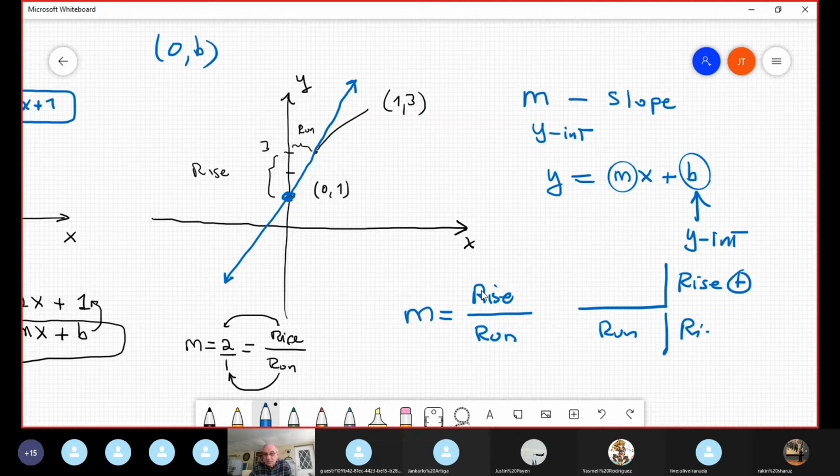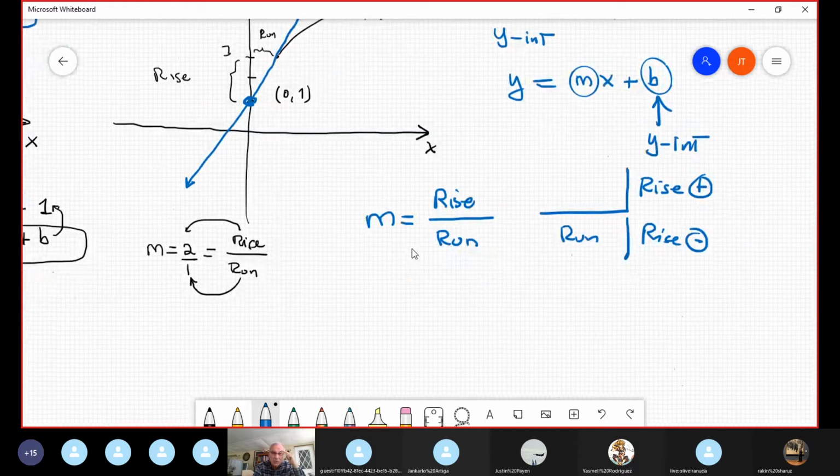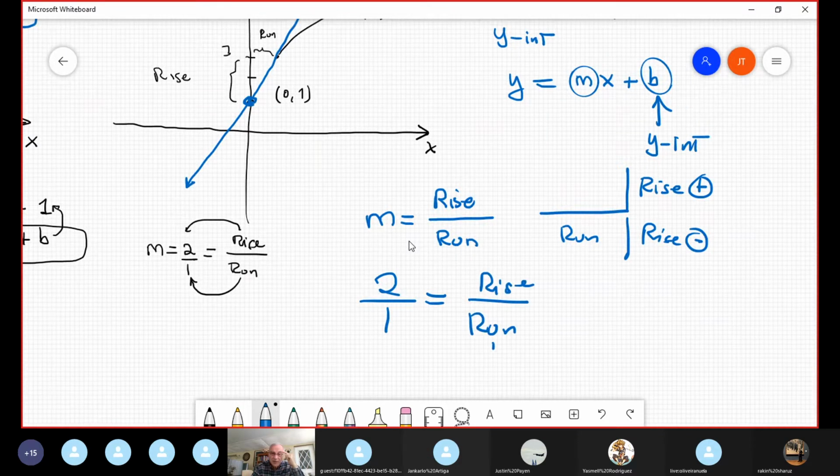When the rise is negative, it goes down. In this case, it's positive because the answer is 2. So 2 is a whole number, and in my mind it's 2 over 1 because it's a ratio, a fraction. I know that this is a ratio between rise and run. Run is 1, rise is 2.